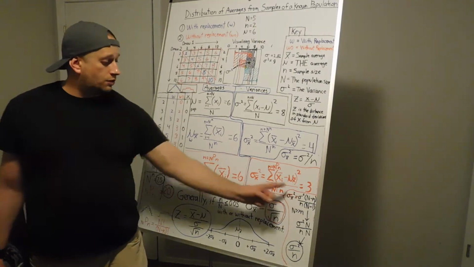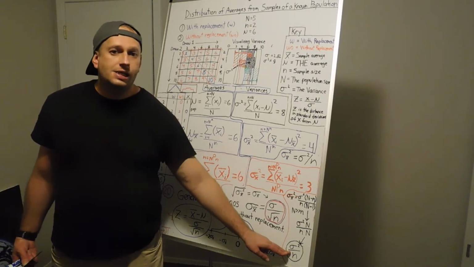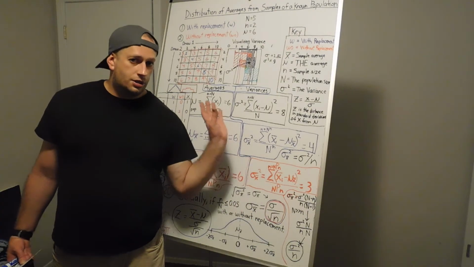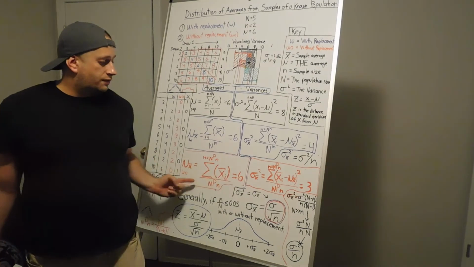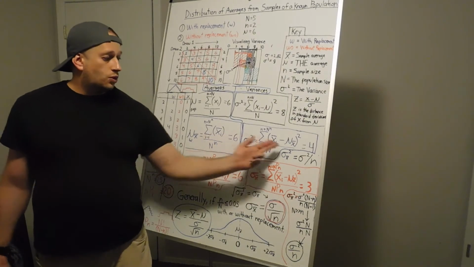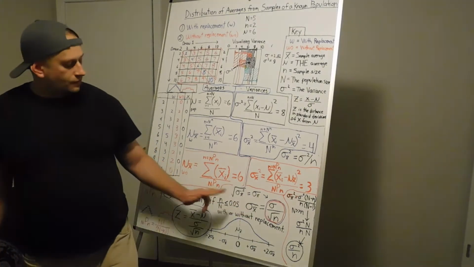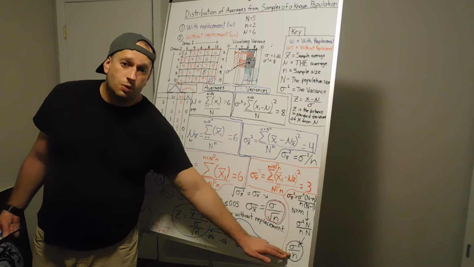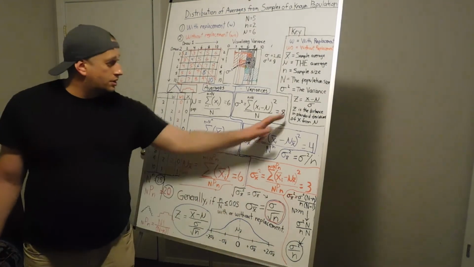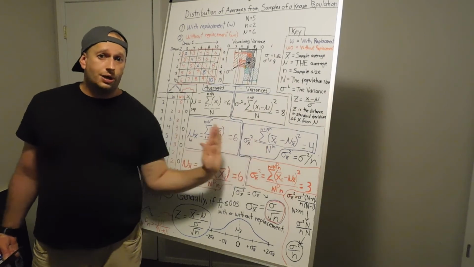When you're not using replacement or when you're using replacement, they're both going to be the same thing if the population size is much larger than the sample size in the case of without replacement. But even with replacement, it still gives you the same thing. So if we take the actual variance, we want to find the standard deviation, to use this formula here to find a z-value for our average, to see where it is.